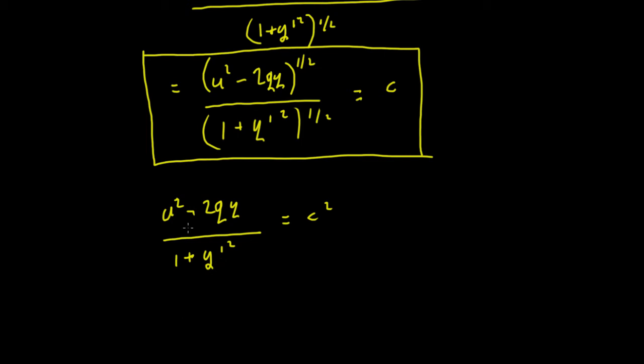I'll just write it out because it's easy enough to transpose that, so we just end up with y derivative squared equals, now here is a little thing that you can maybe check yourself. I get it equal 1 upon c squared times u squared minus 2gy minus c squared.